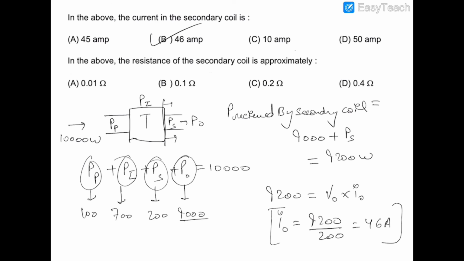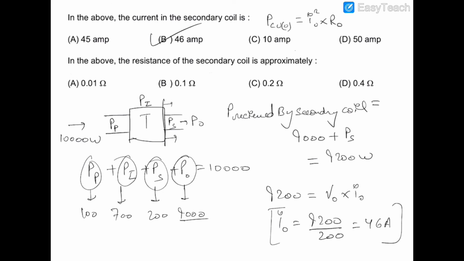Now in the last question, it is asked what the resistance of the secondary coil is, approximately. To calculate the resistance, R output is equal to P lost upon I square. The output lost power is equal to I square into R output.